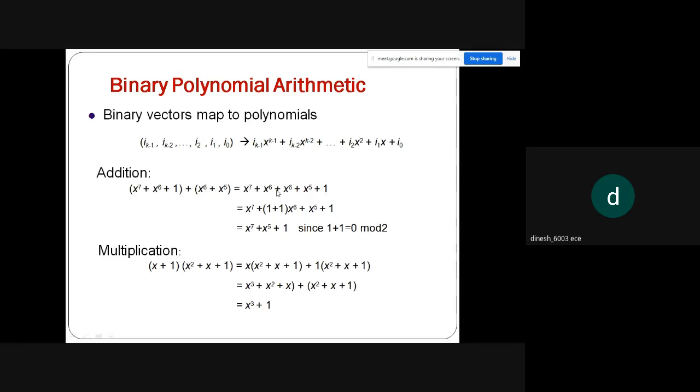Out of these two, x power 6 is common, so take it outside. In between we have 1 plus 1, which is modulo addition. Keep in mind, 1 plus 1 modulo 2 is always 0. So we can write this polynomial arithmetic as x power 7 plus x power 5 plus 1, which is the addition of these two polynomials.